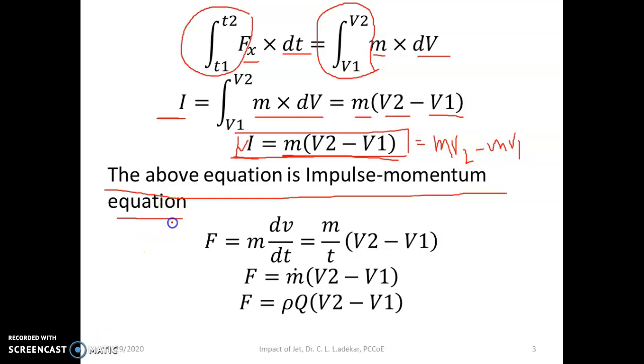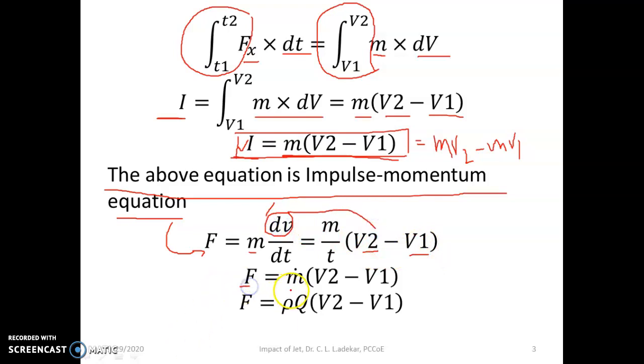Now if you write this in terms of the force, it is nothing but mass into the acceleration, which you can write in terms of change in velocity with respect to time. So mass per unit time into the final velocity minus initial velocity, that is the change in velocity dv.